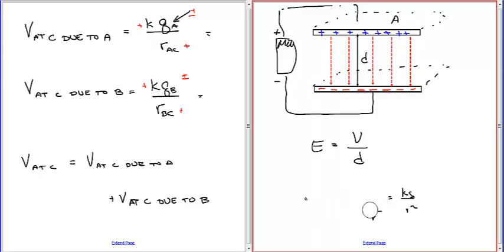So the value of the electric field between these parallel plates is the voltage on either plate, which is caused by this battery, divided by the distance. If I give you a capacitor problem, I might give you the voltage and the distance, and then ask you to find the electric field. So it's a pretty simple calculation.